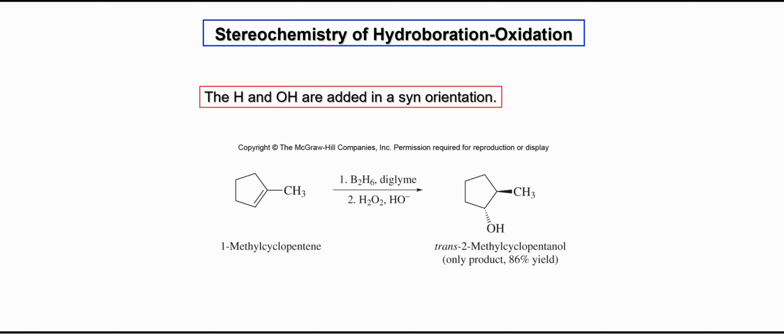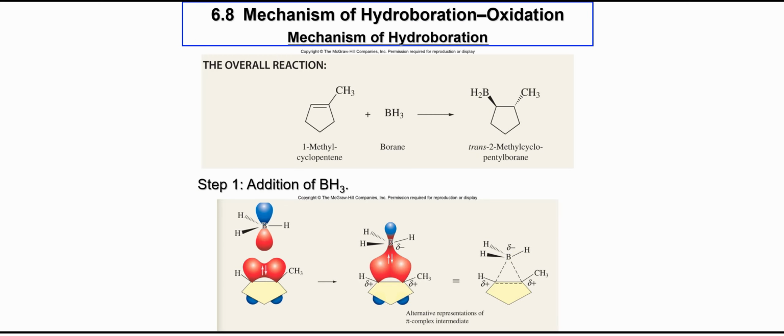So you produce an anti-Markovnikov product. This anti-Markovnikov product also gives you a trans position. The trans product will be more dominant, such as in this case, the trans-2-methylcyclopentanol is going to be 86% of the product yield.